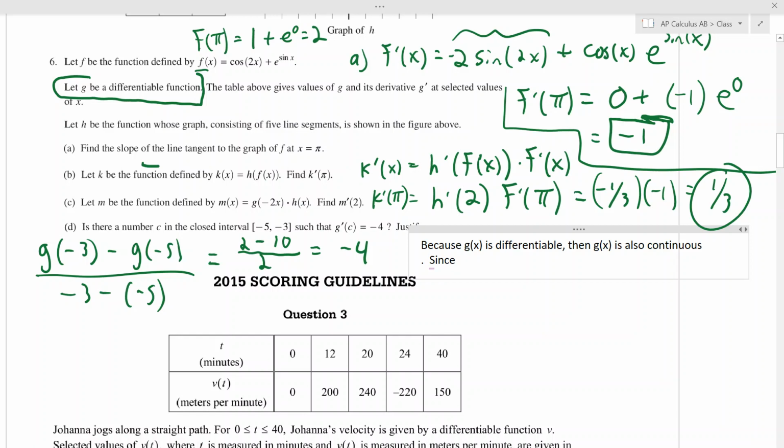Since G of negative 3, I know we just wrote it on the other side. You can also write the average rate of change in words if you want.